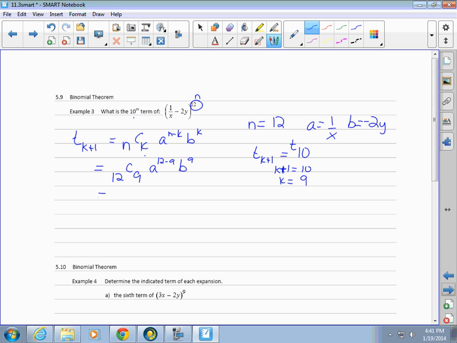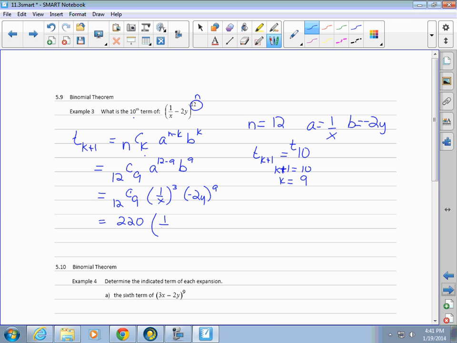So now I should have substituted in there, but I'll do it in another step. So this will be 12 choose 9, a was 1 over x, 12 minus 9 is cubed, my b was negative 2y to the power of 9. 12 choose 9 is 220.